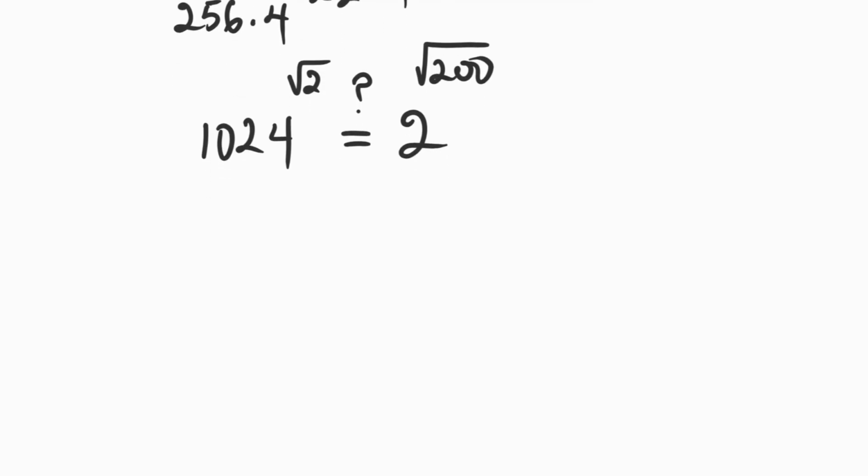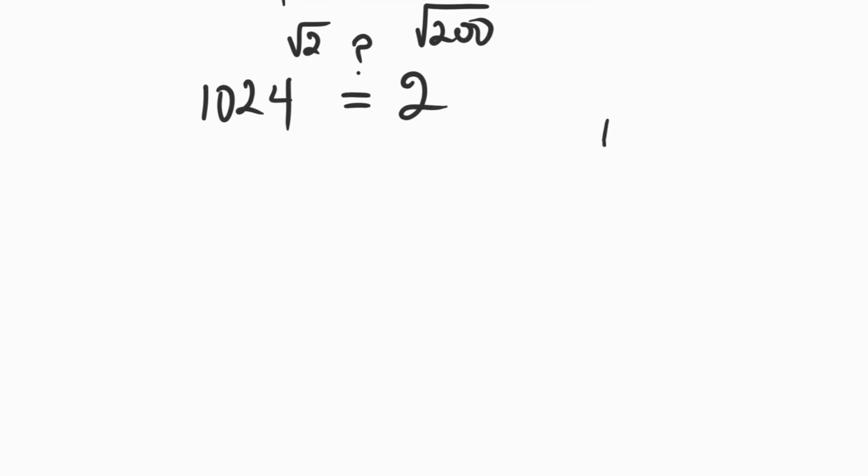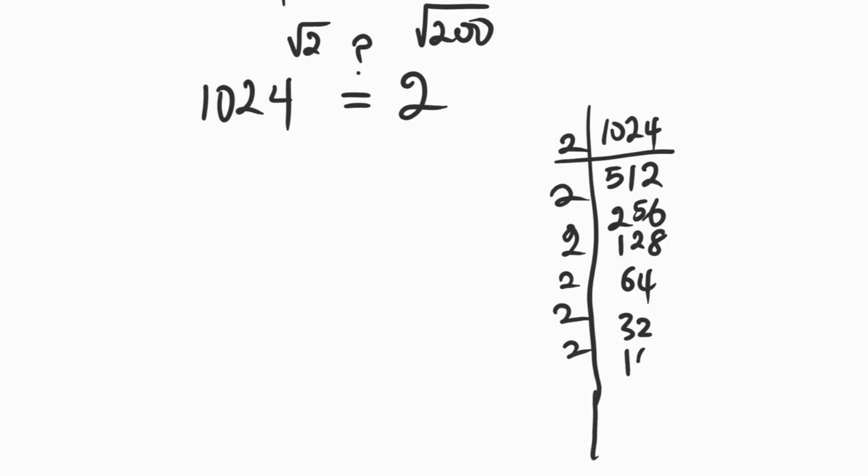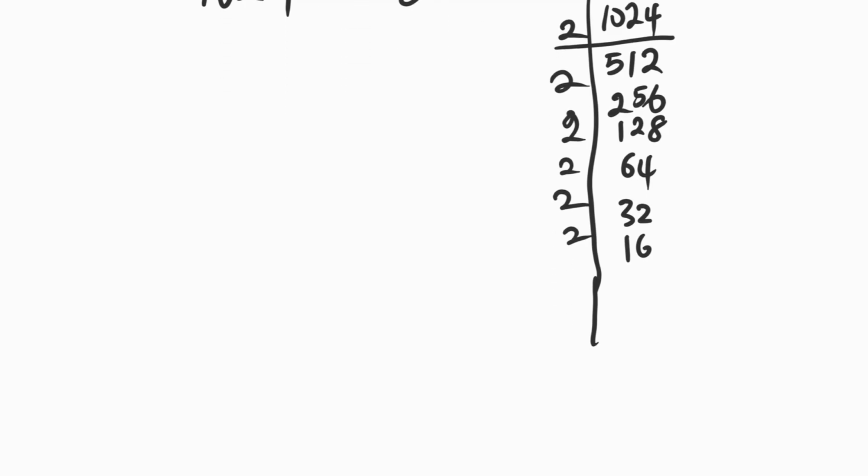Now, what is 1024? If we break it down, half of 1024 is 512, half of that is 256, then 128, 64, 32, 16, 8, 4, 2, 1.